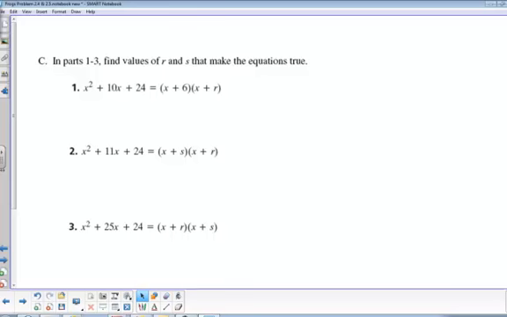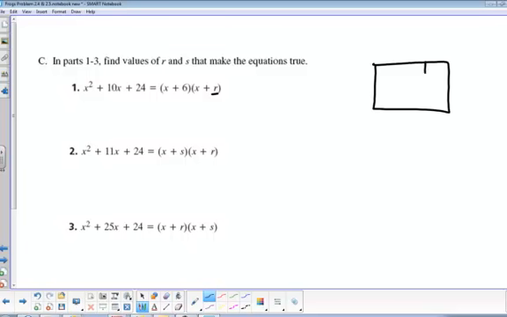Alright, so we're going to find what r would be. And we already know that one of our dimensions is 6. So think about your box again. This has to be x squared. That always goes there, which means these are both x. The 24 always goes right here.